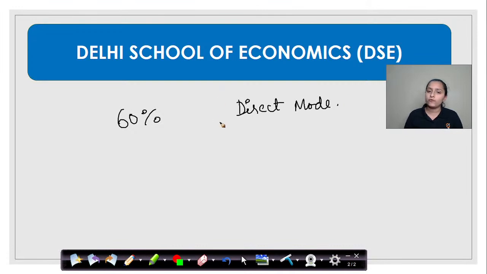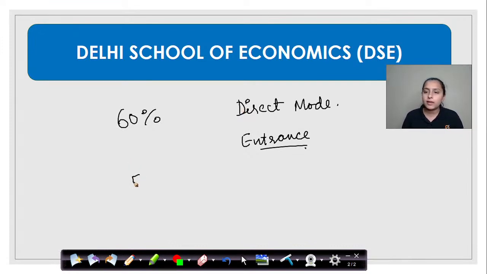Otherwise, you have to appear for the entrance exam. The DSE conducts its entrance every year around June. So you have to give that entrance and make the cutoff to get admission there. This is the major eligibility criteria for the Delhi School of Economics.